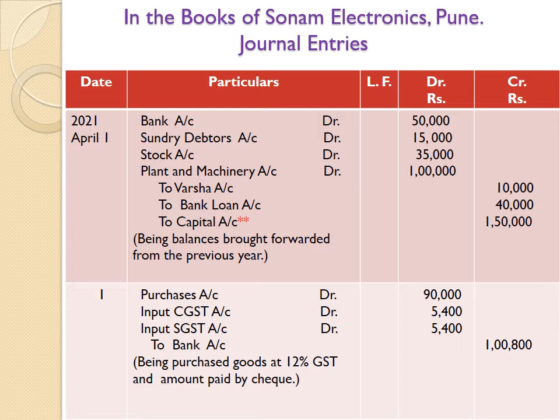See the entry: bank account debit 50,000, sundry debtors account 15,000, stock account debit 35,000, plant and machinery account debit 1 lakh. Total of these 4 items came to 2 lakh.